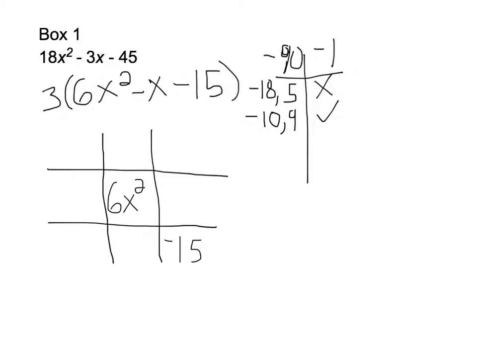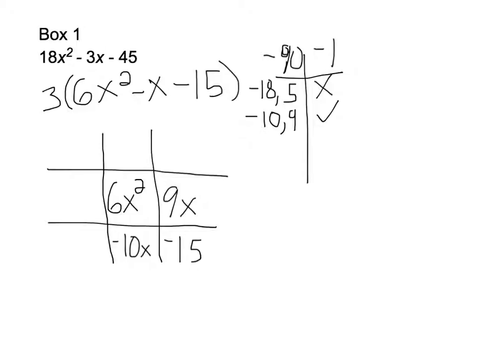And I'm going to put the two factors that work, negative 10 and 9, in these two corners with an x. So we'll get negative 10x and 9x. Now we'll find the GCF going across each side of the tic-tac-toe board here.